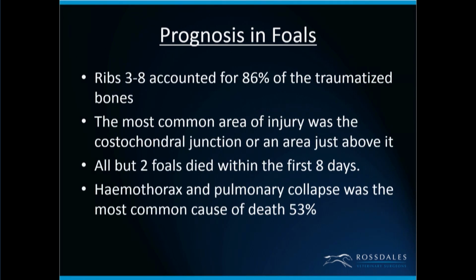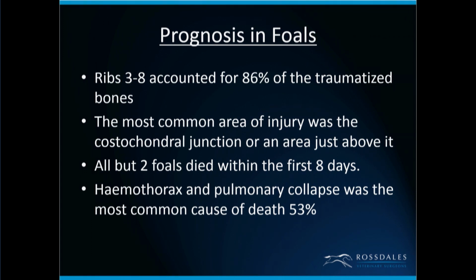In this study, they found that ribs 3 to 8 accounted for 86% of the traumatized bones, and that's what we tend to see when we're looking at these foals or scanning them. The most common area of injury was either at the costochondral junction or just the area above it, and it's the exact same when you scan it. That's always the area you feel, and you'll find those fractures in.